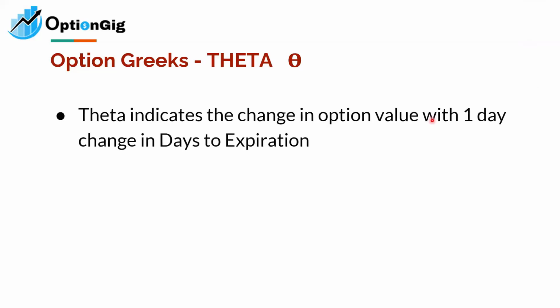Now let's look at theta and understand what theta does. Theta tells us how your option value will change with a one-day change in days to expiration. And this is something which no one can control.